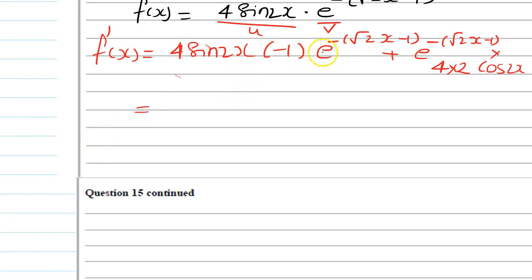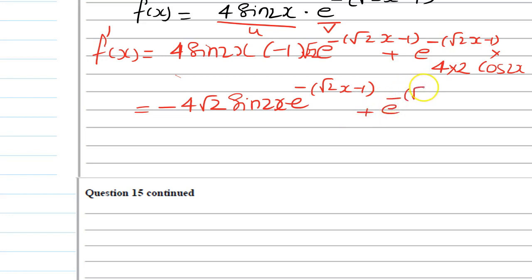Here it is minus 1, and root 2 is also coming here. If you multiply all these numbers, it will be minus 4 root 2 sin 2x e to the power minus root 2 x minus 1, plus e to the power minus root 2 x minus 1 and 8 cos 2x.